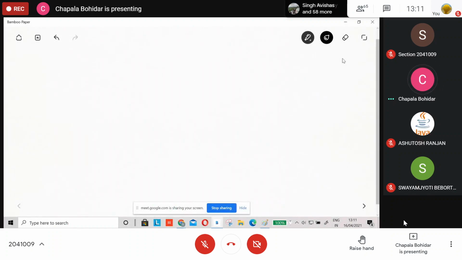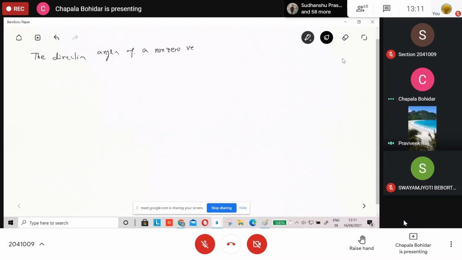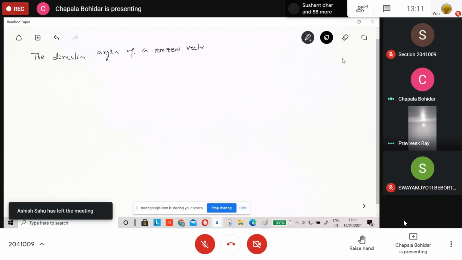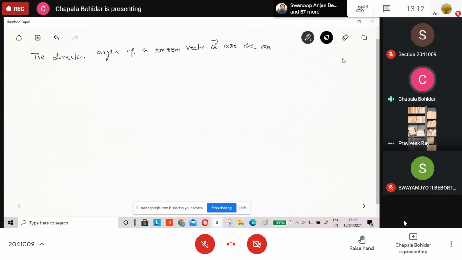Here, the direction angles of a non-zero vector A: if you consider any vector A, the angles alpha, beta, gamma in the interval 0 to pi.